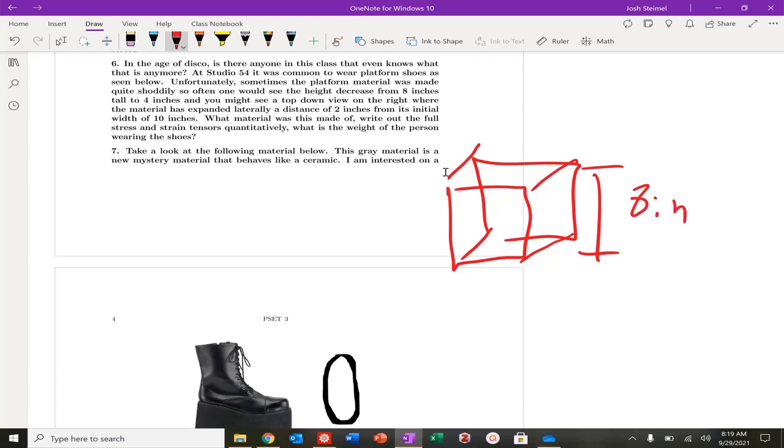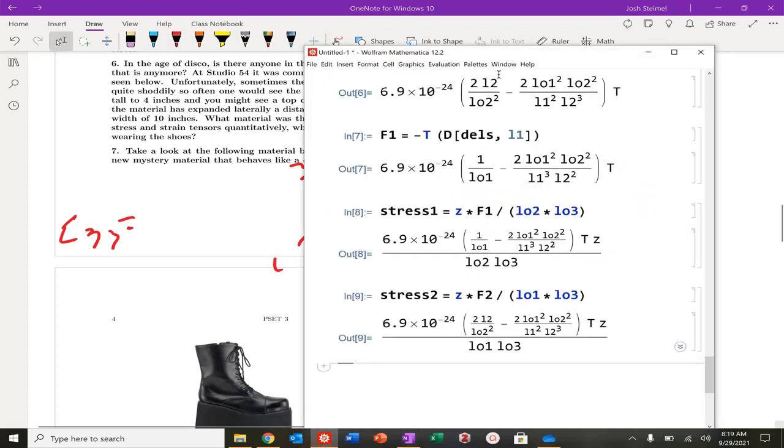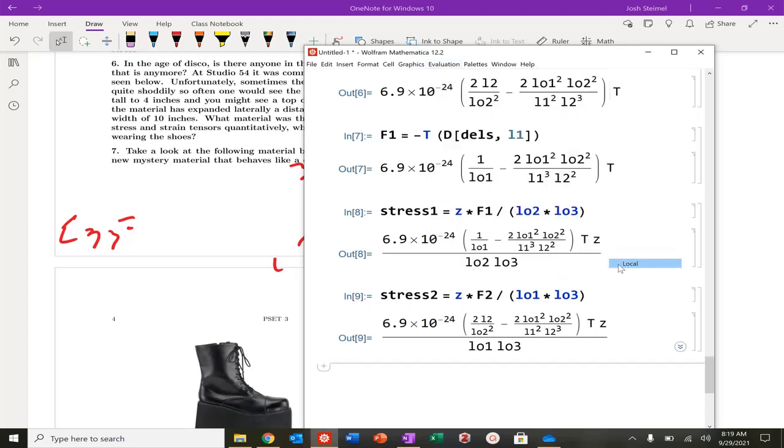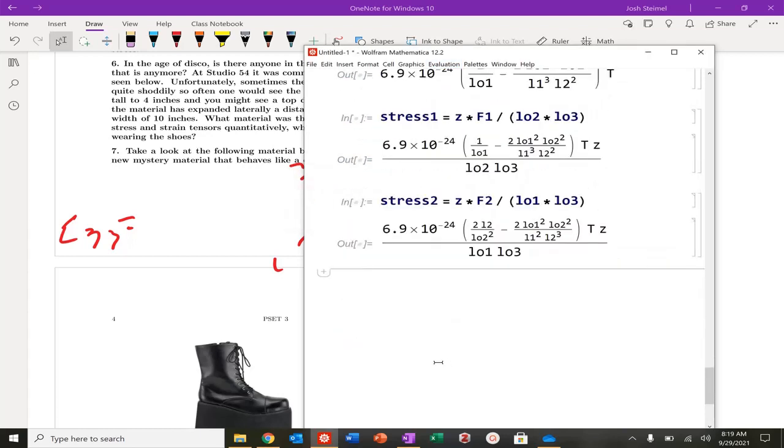So looking at my coordinate system here, 1, 2, 3, I have some strain in the 3 direction. I'm going to quit my kernel again, as always. My E33 is equal to my final, and again, be careful here. I know what I'm doing with the inches, so I'm going to do it quickly.